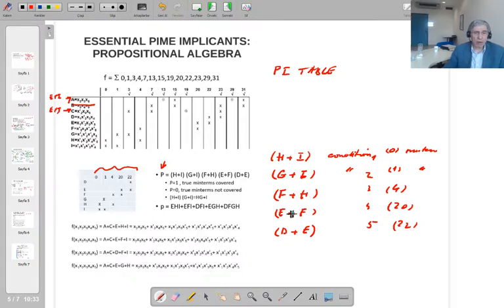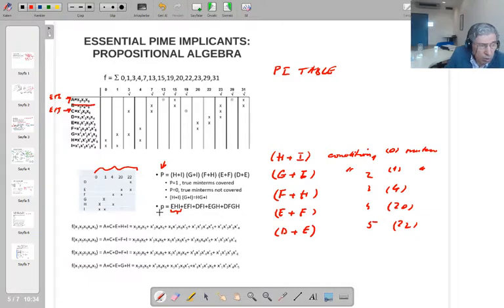So once we have found this function P here, this is in the form of product of sums. If I transfer this function to sum of products form, what I end up with, if you see here, E, H, I. If they are all true, that means 1 at the same time, I do not look at the others. I can say that P equals 1.